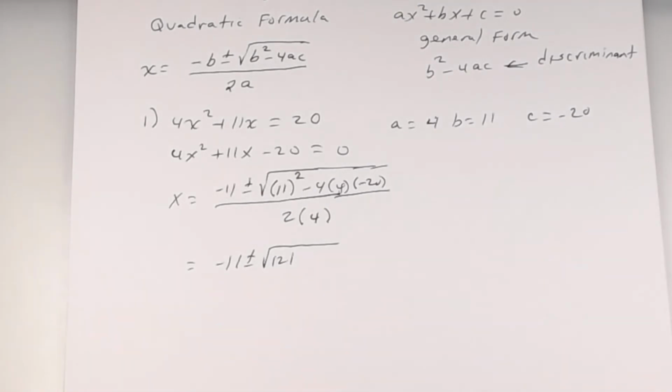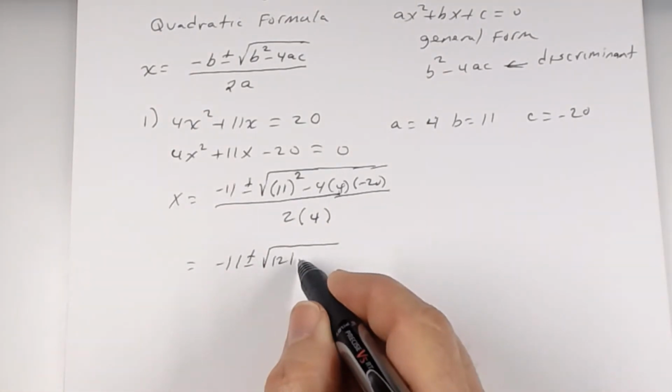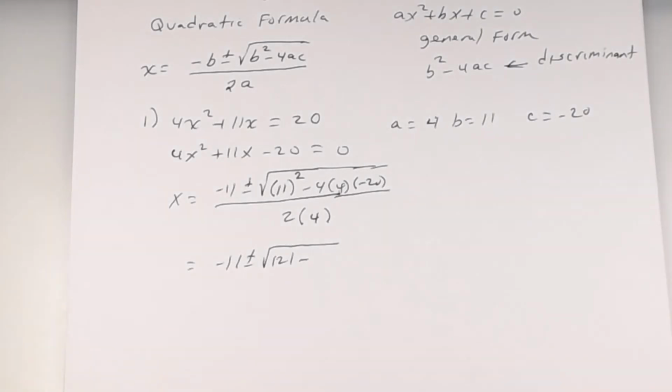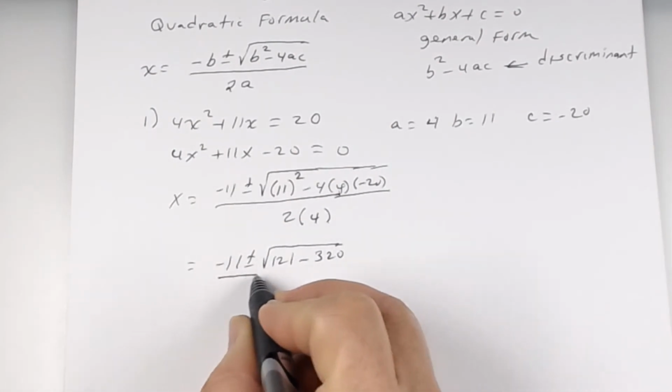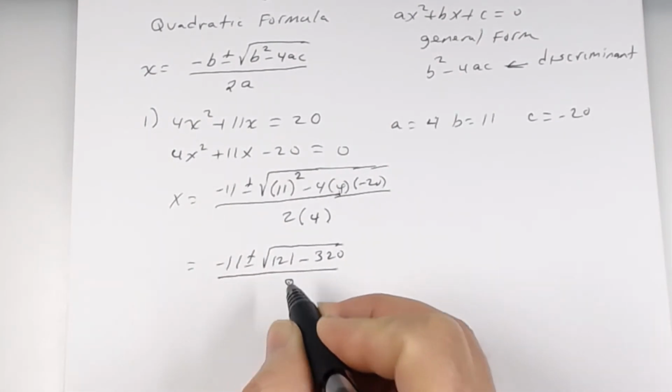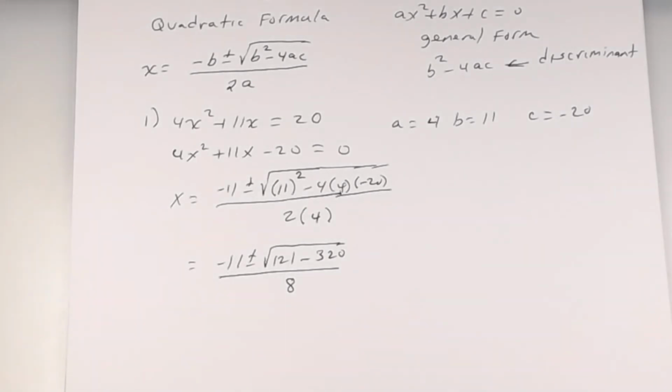First of all, a negative times a positive times a negative will be a what? A negative. So I'm going to say 121 subtract something. 4 times 4 times 20 is what? Use your calculator. What is it? 320? Okay. I'm just writing what you tell me. All over what number? 8. So make sure you use your calculator, and that's what you got.